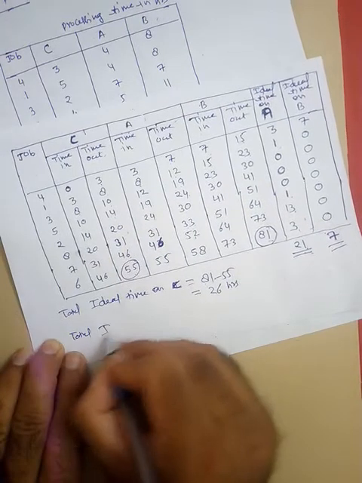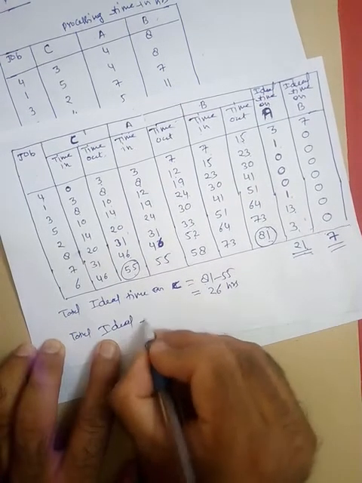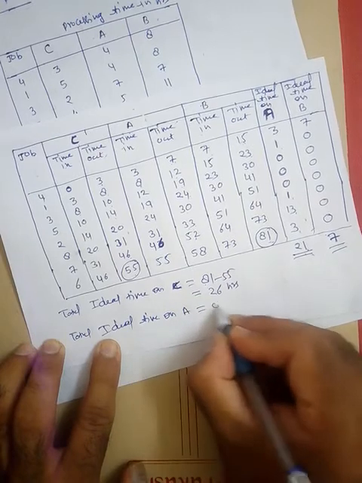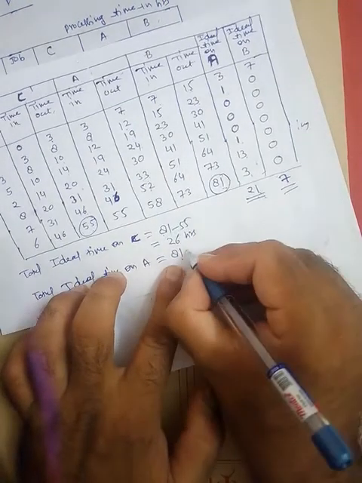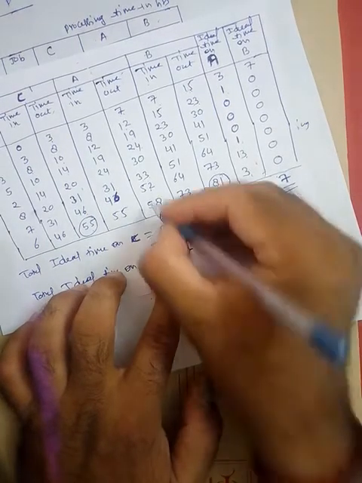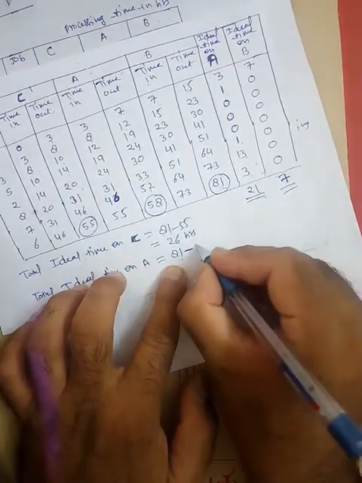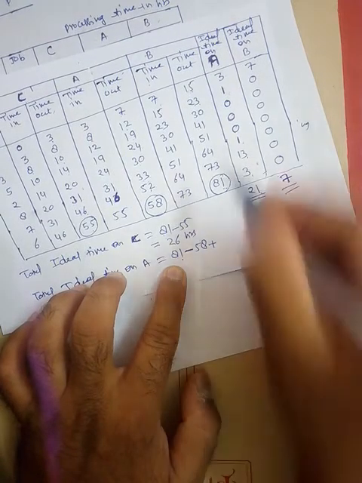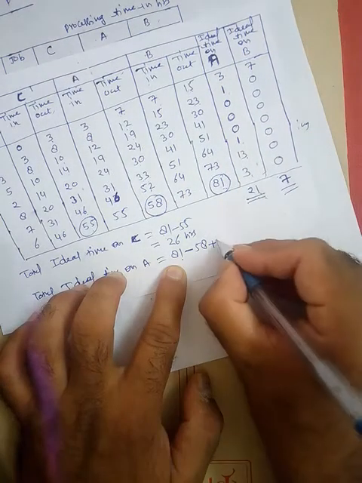Similarly, total idle time on A is equal to 81 minus, how much time? It will end at 58, plus this 21.